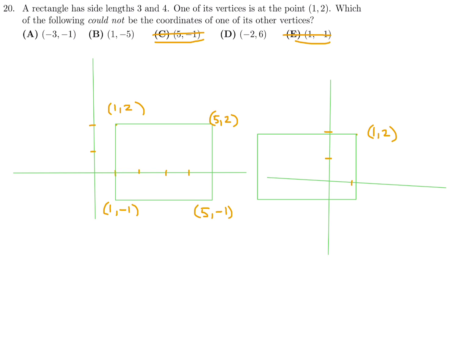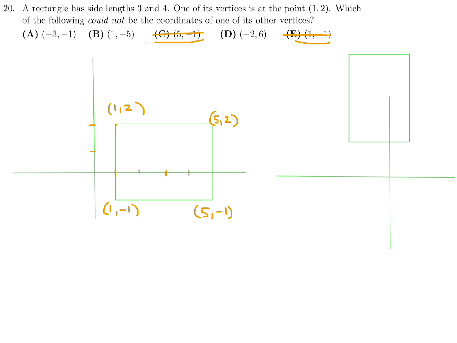This is 1, 2. If I want to make this side 3, this is going to have to be negative 2, 2. And then these guys will be negative 2, 6 up here. And this one will be 1, 6. Okay, let's see if any of these are in. This is in the answer choice, so that one goes. And, ooh, I still have 2 more left.